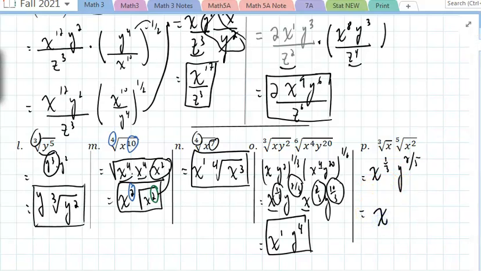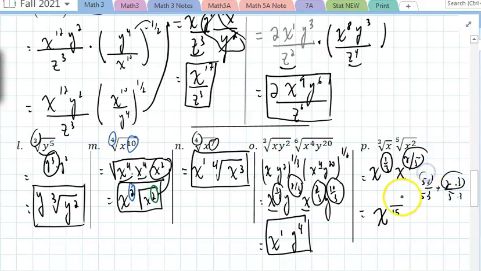Okay, I see I'm messing up. And if you add those, 1/3 plus 2/5, all over 15. Six plus 5 is 11. So this is saying this is the 15th root of x to the 11.